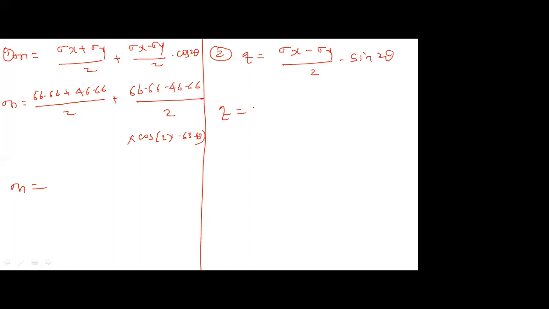Sigma n is 50.66, and sigma t is minus 8, which means minus 8 Newton per mm square. So sigma n is equal to 50.60 and sigma t is equal to minus 8 Newton per mm square. Have you got this answer?